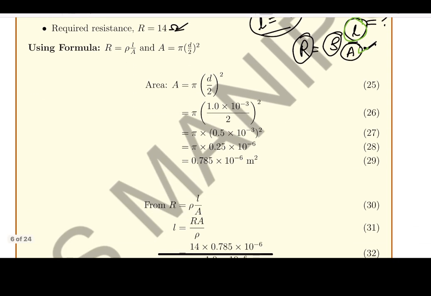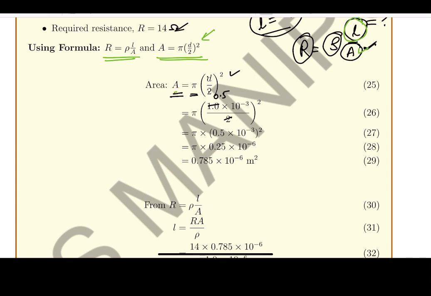So let's go. Using the formula R is equal to rho L by A, first let's find out the area. So area is equal to pi times d by 2, whole square. D is given as 1 millimetre, so if I divide 1 by 2, it will be 0.5. Then 2 into 0.5 is 1, and pi stays as it is.